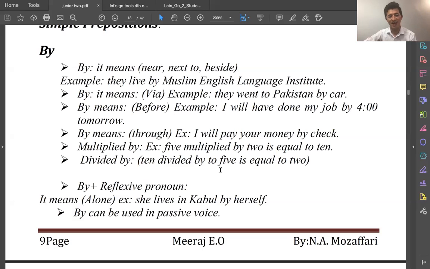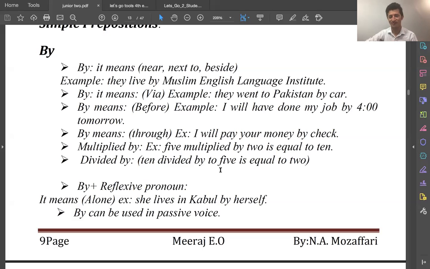And also we can use divided by. Like this example, 10 divided by 2 is equal to 5. Oh, I'm so sorry. I made a lot of mistakes over there. I just divided instead of multiplied.